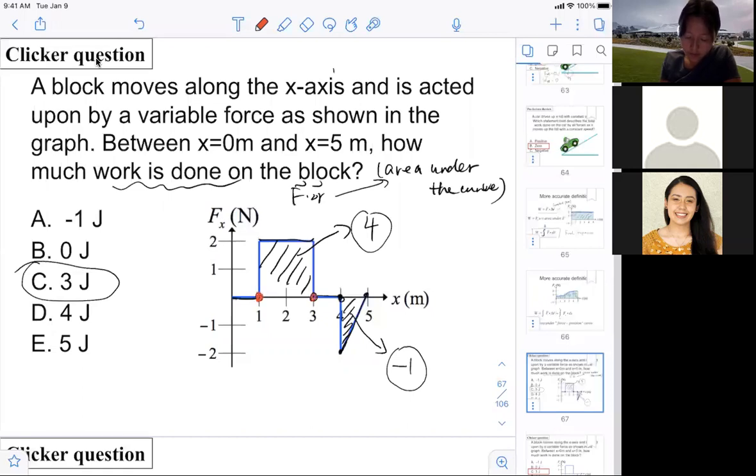So delta R is you travel 2 meters to the right. From 4 to 5, you traveled 1 meter to the right. That's your delta R for that particular section. Okay, got it.